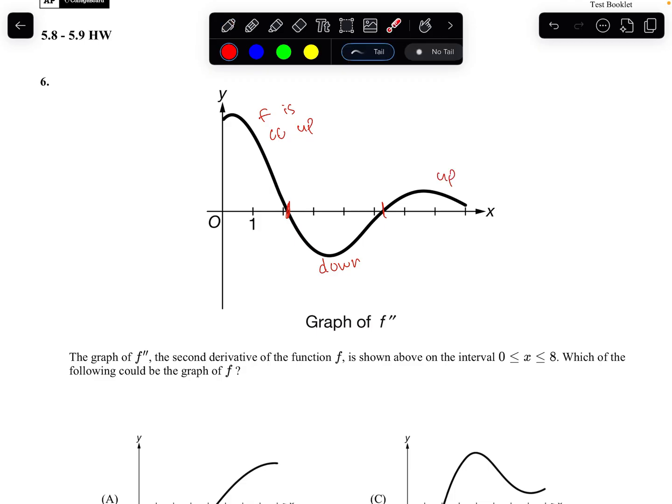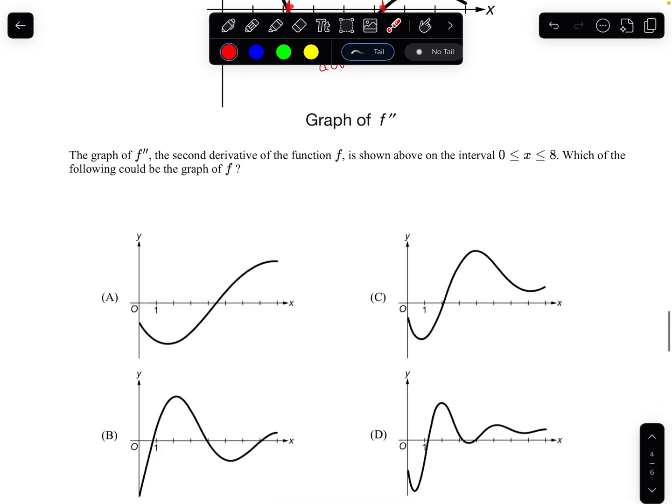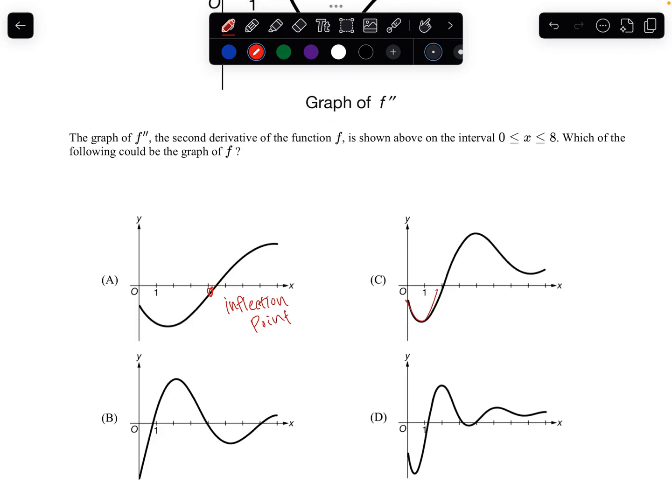So there's got to be 2 points of inflection. So this right here is concave up until maybe somewhere in between here. So this has 1 point of inflection. That's an inflection point. So this is concave up, and then it's concave down somewhere in here, point of inflection, then down, then up. So that has 2 points of inflection.